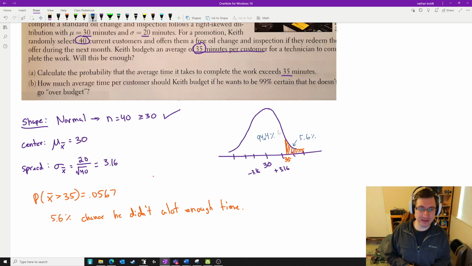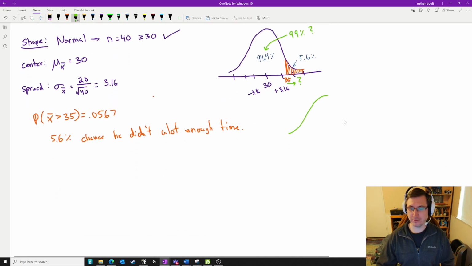But what if he wants to be 99% sure? What if he wants to make this number bigger? Well, he's got to shift the 35 over, doesn't he? He has to go to like 36, 37, 38 minutes. Well, where is that boundary going to be so that there's 99% on the left?